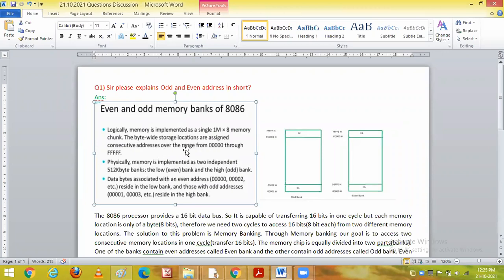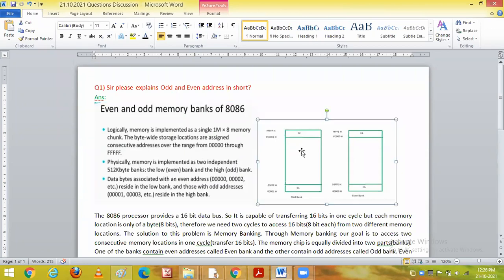The byte-wide storage locations are assigned consecutive addresses over the range 00 through FFF. So it starts with 00 and ends with FFF. You observe this. Okay, that's the first point.